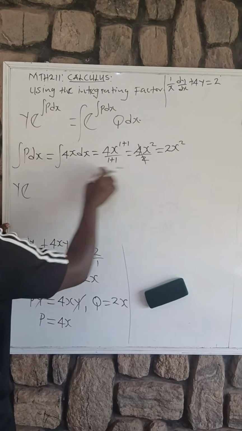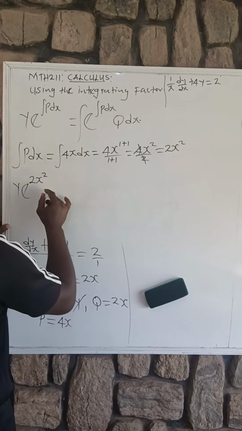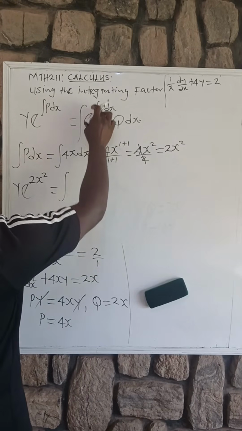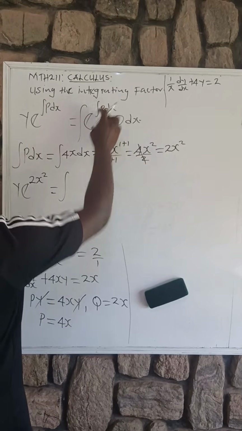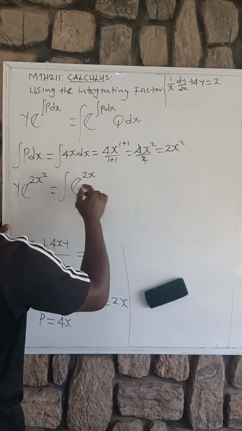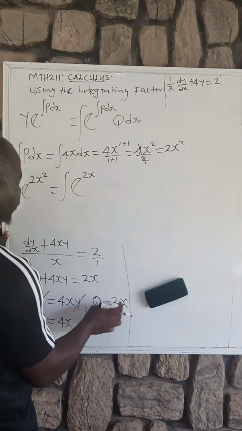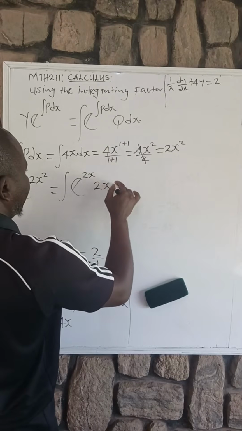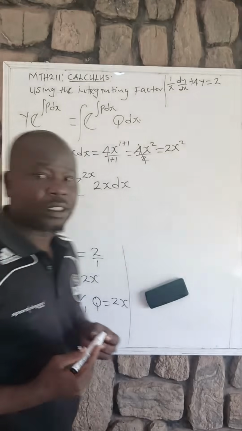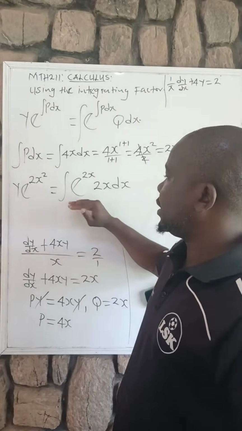Already we have gotten the answer: exponential 2x squared equals integral, instead of exponential integral p dx, we write exponential 2x squared. Then what is our q? Our q is 2x, times 2x dx. True or false? Do you agree with me up to this step?